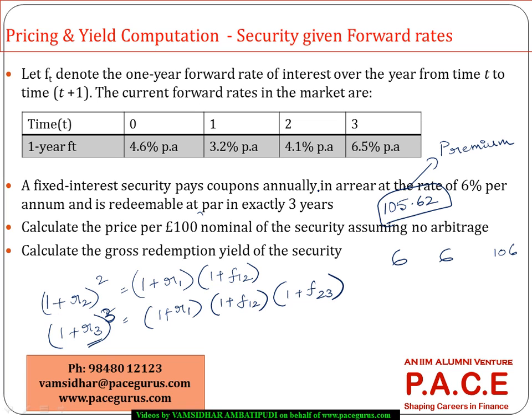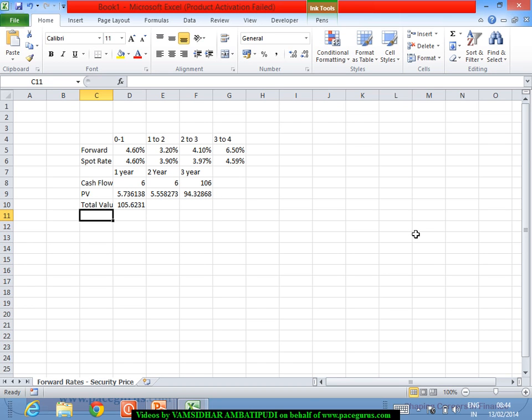And then sum them up to find the total present value, which is the price associated with that particular bond. And now if I want to know the gross redemption yield associated with that particular payment, I know the cash flows: initially, right now there is an outflow of 105.